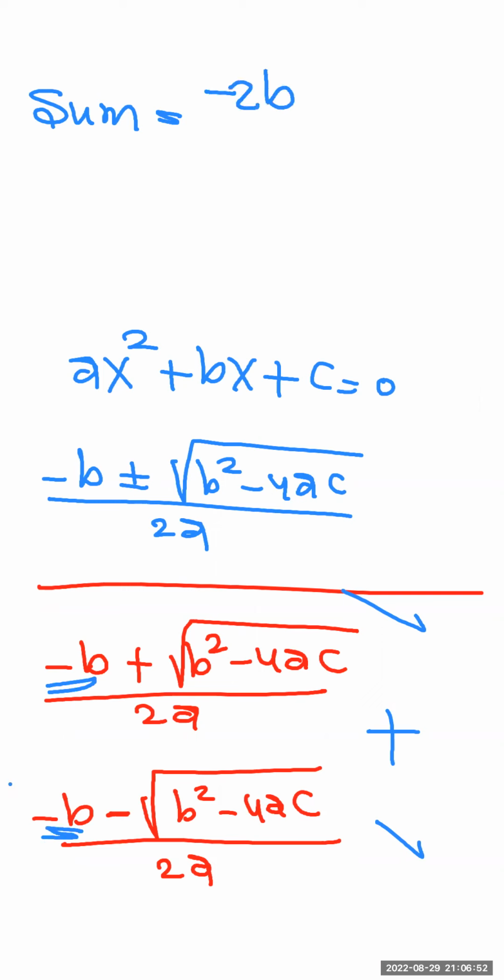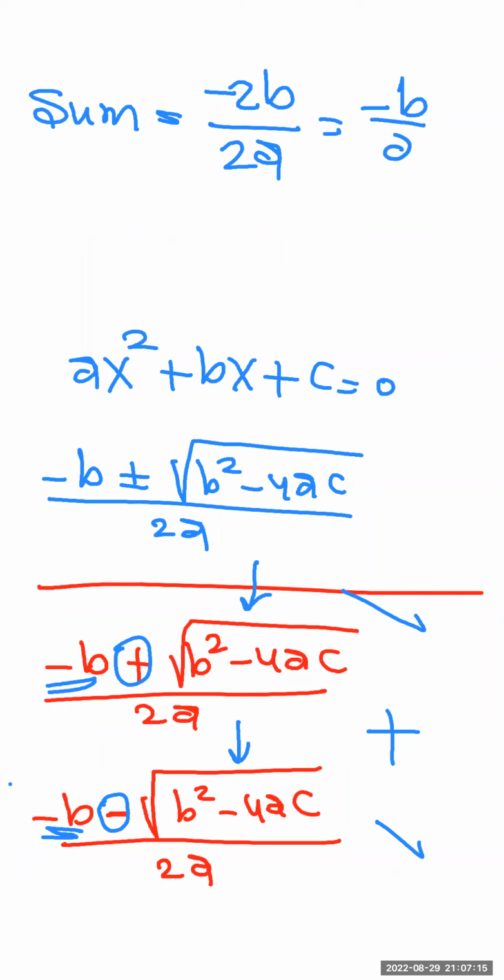This term and this term, one is positive and the other is negative, so the sum equals 0 over 2a, correct? So the sum of the two roots will equal negative 2b over 2a. So simply, if we cancel 2 and 2, this means it will equal negative b over a.